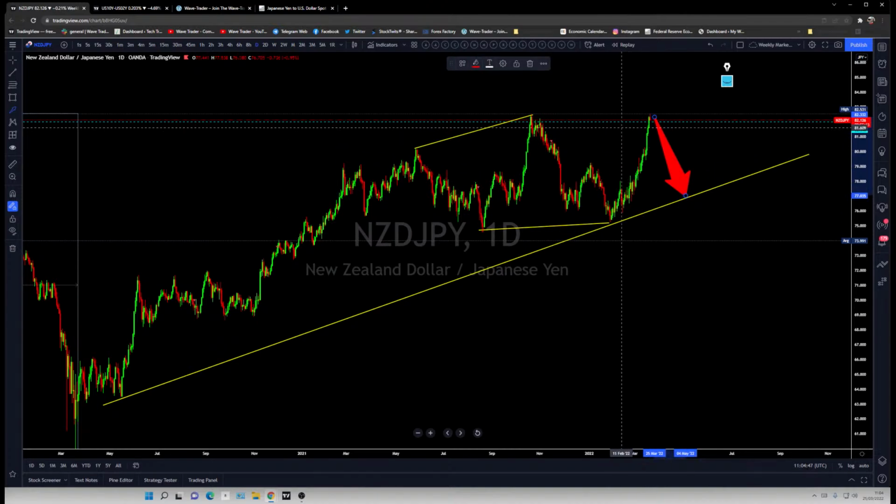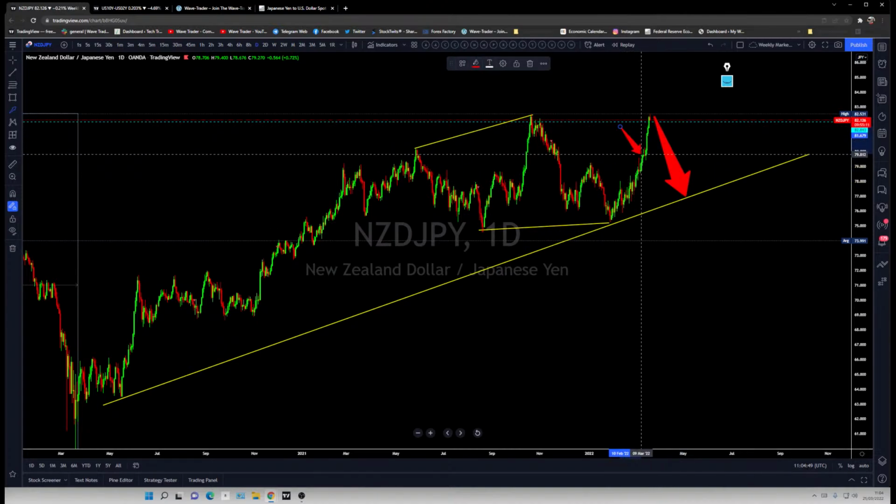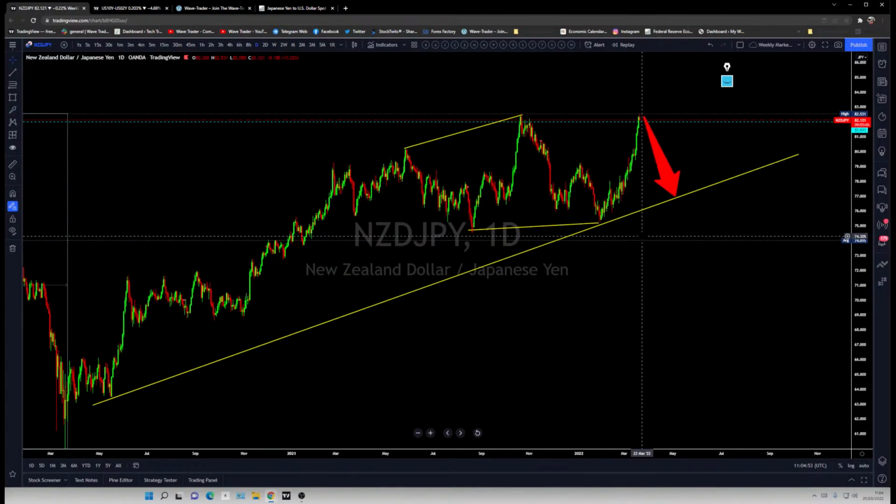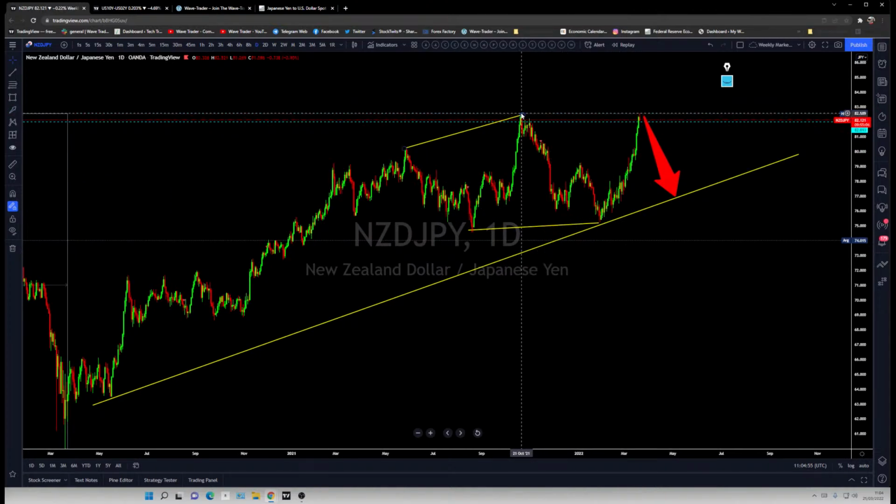Last week we were expecting a sharp sell-off there. We haven't seen that. Price just kept pushing higher and went back to that top.